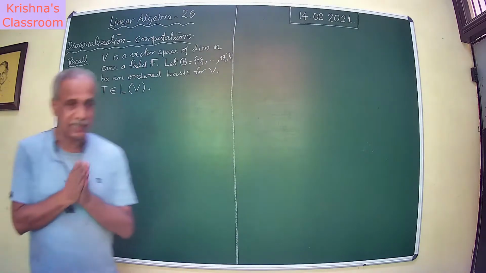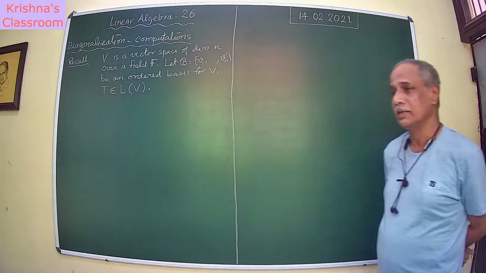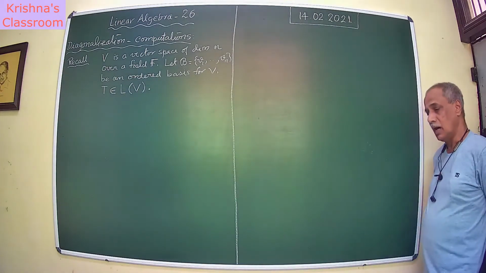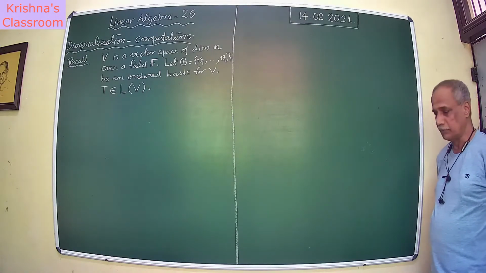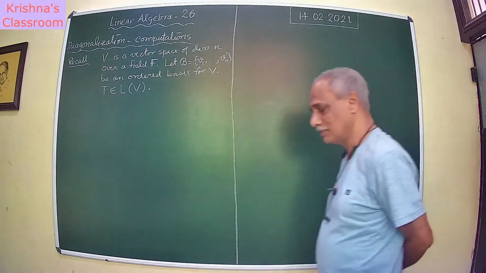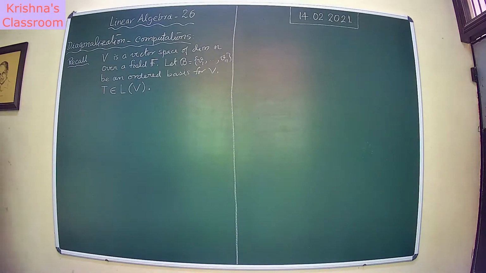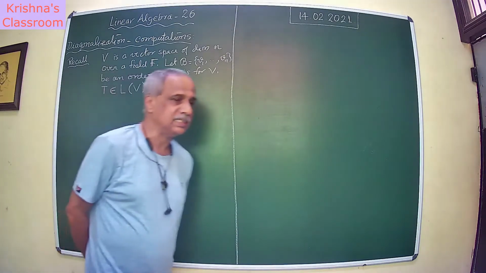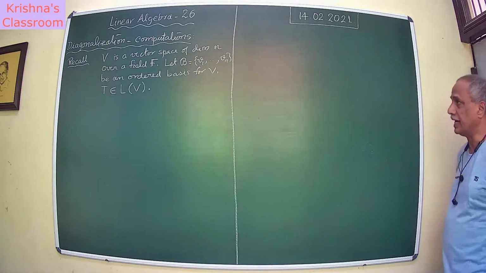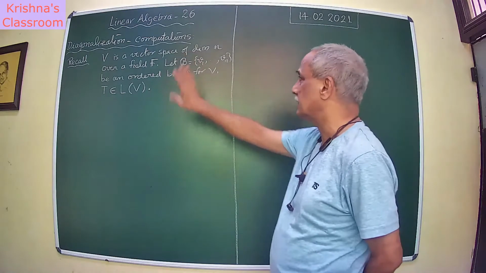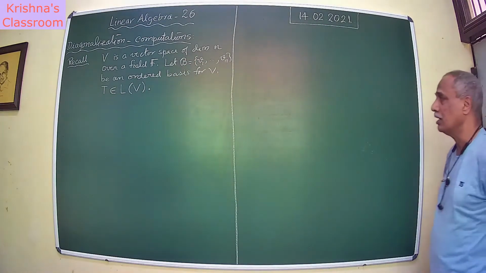The strategy is to exploit to the maximum our computational skills on matrices, because we have seen that given a linear transformation T on V, where V is finite dimensional, I have put the basic conditions here. I am assuming the space is of dimension n and B is an ordered basis.